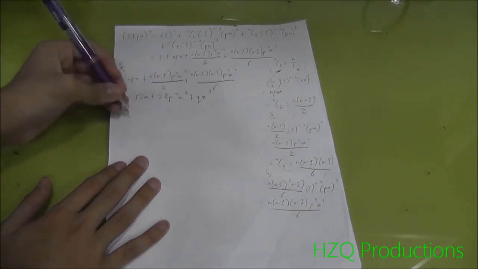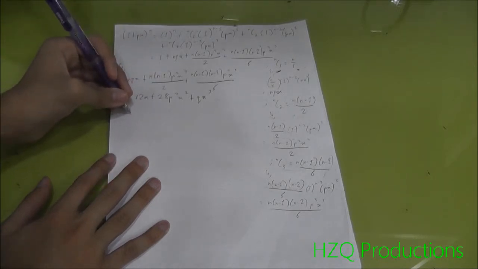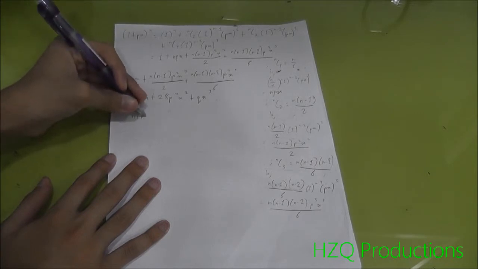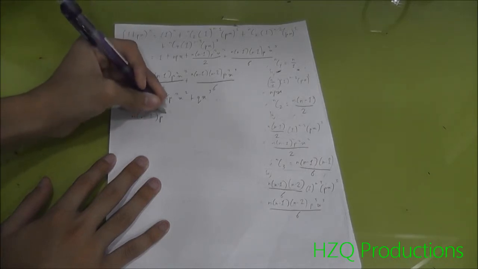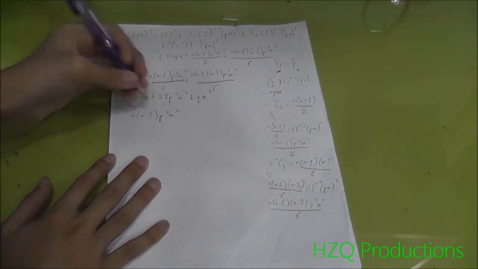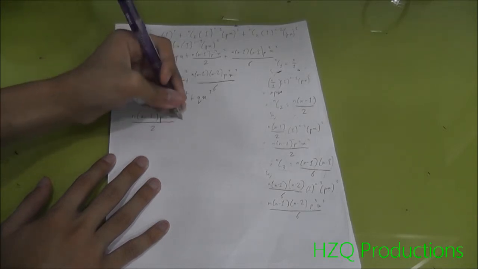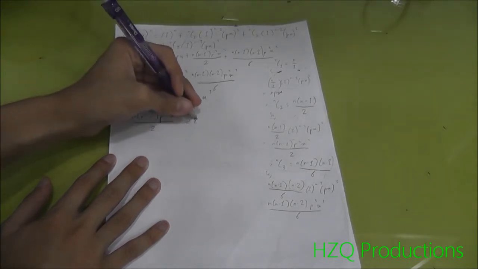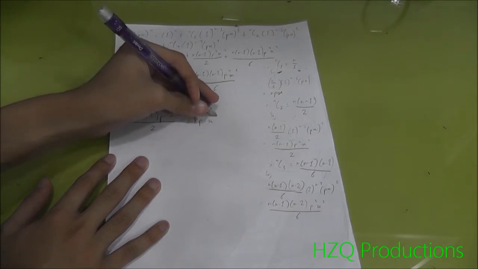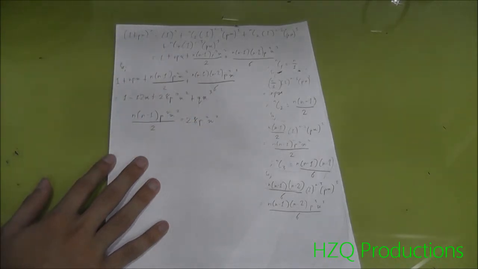Basically, n(n − 1)p²x² over 2 equals 28p²x².